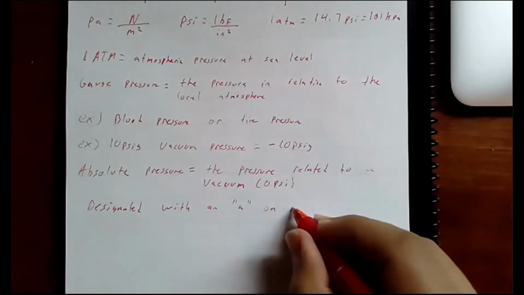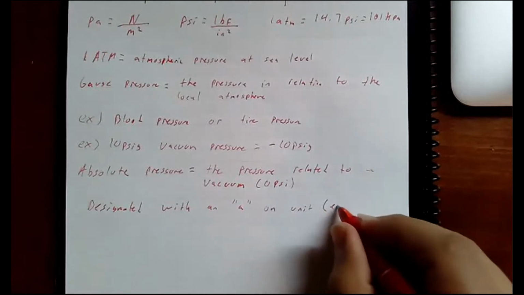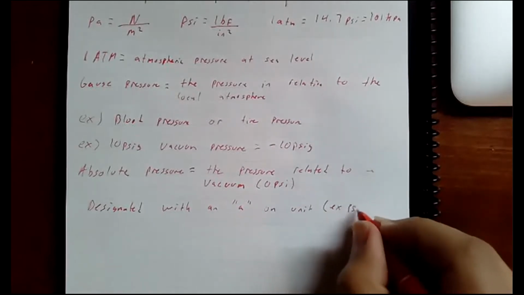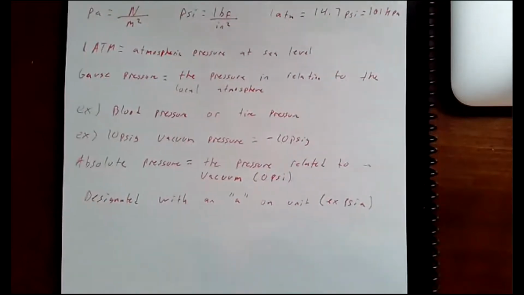We put the unit A to show, for example, PSIA. That would be absolute PSI related to a vacuum. Okay.